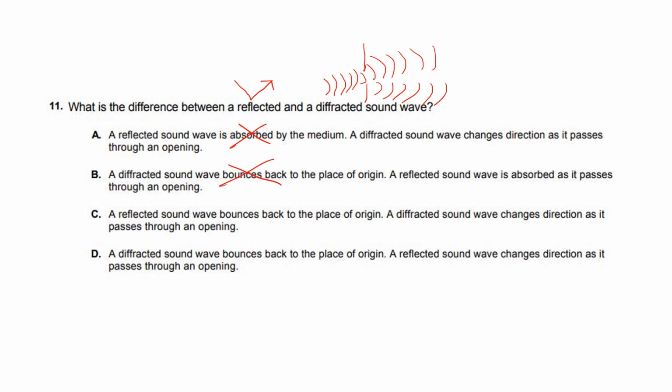C, a reflected sound wave bounces back to the place of origin, which is true. A diffracted sound wave changes direction as it passes through an opening. So that right there is true as well. Then look at D. So our answer choice is C, but look at D. A diffracted sound wave bounces back to the place of origin. It does not bounce back. So our answer choice is C.